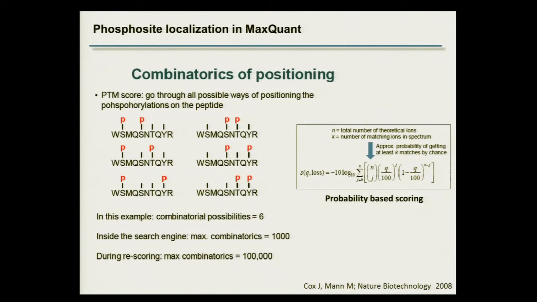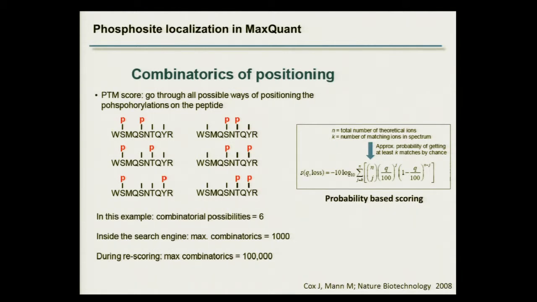And then also at the total number of matching ions. What they calculate is a probability-based score of the probability that a certain localization event can happen by chance. Usually they multiply it by -10 and take the logarithm to get a score. And the better the score, the better the localization usually is.